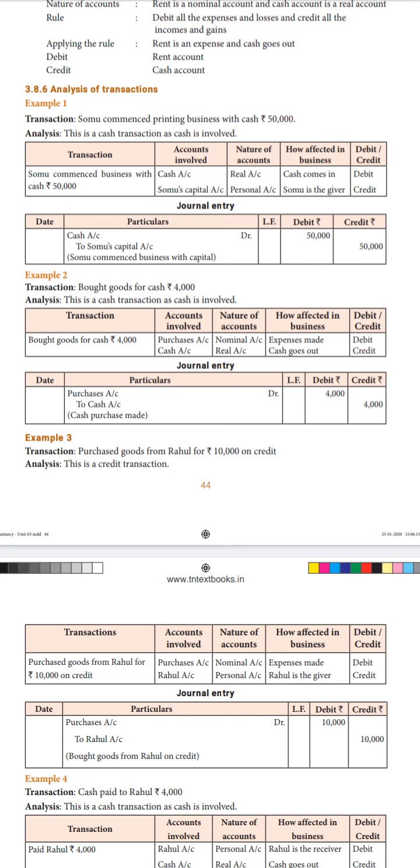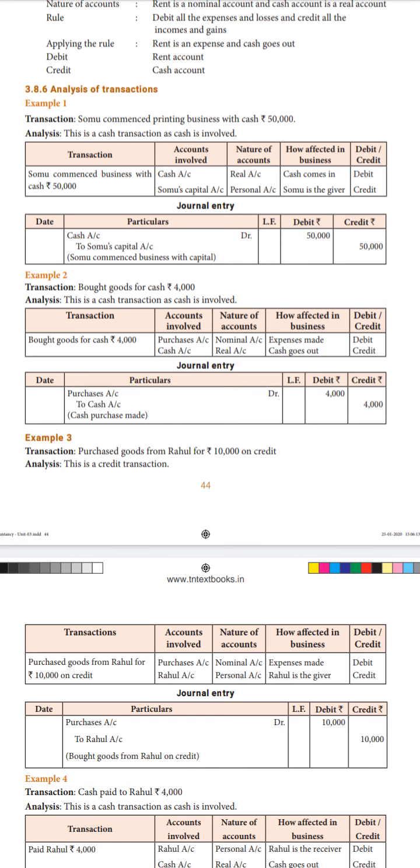After analyzing this, you will convert this analysis into a journal entry. There is a second table, with journal entry, date, particulars, LF, debit rupees, credit rupees. While writing the journal entry, whichever account is to be debited must be written first.